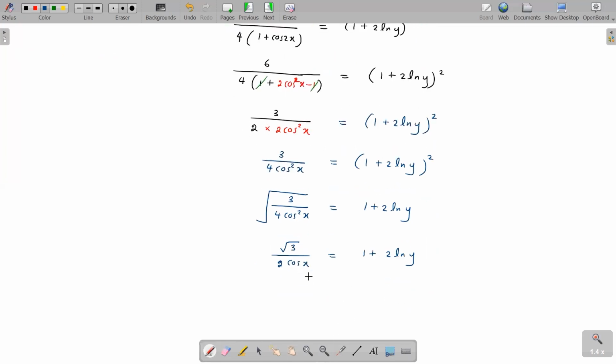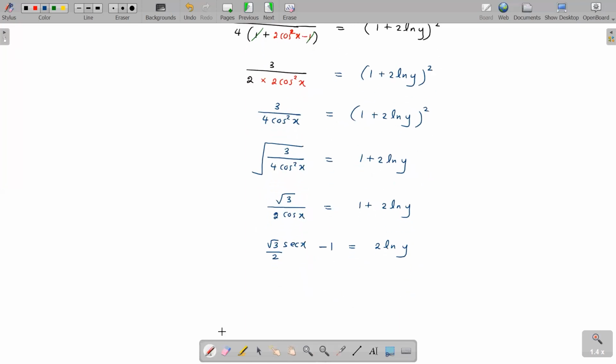Then I think we wanted to create a sec x, right? So you can see we'll get 3 root 3. I'll bring the cos x up as sec x, root 3 over 2. Is that okay? The plus 1 comes as minus 1 equals 2 ln y. Is this okay?